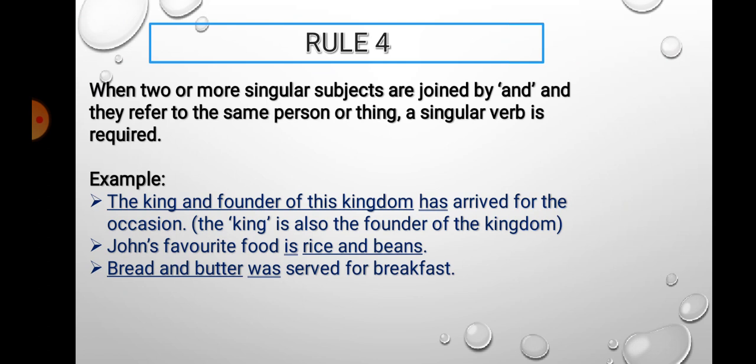Example 1 says, the king and founder of this kingdom has arrived for the occasion. The king is also the founder of the kingdom. Example 2 says, John's favorite food is rice and beans. Example 3 says, bread and butter was served for breakfast. Good.